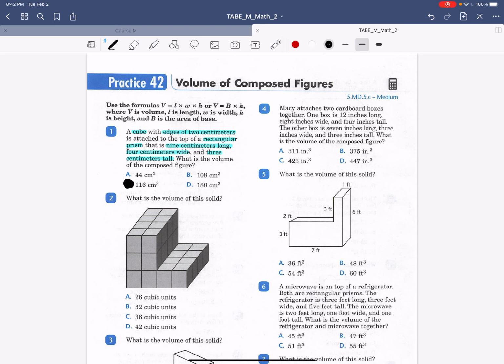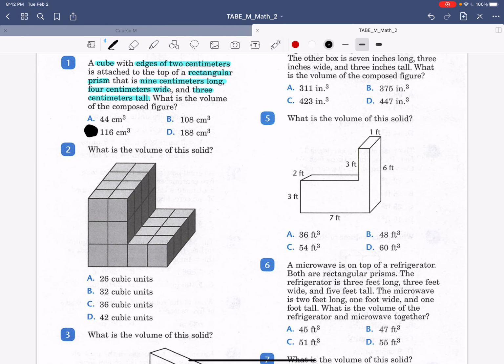Okay, number 2 says, what is the volume of this solid? So let me put some dimensions on here. Let me think. I'm going to look at this as 2 separate shapes.